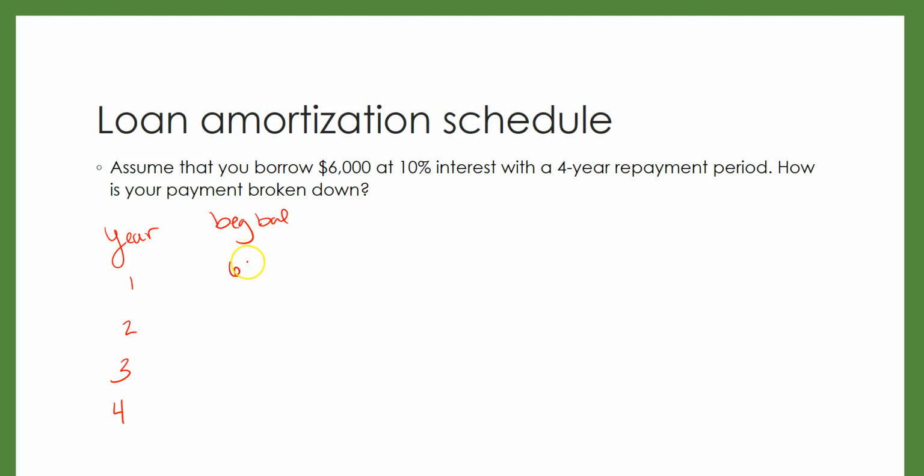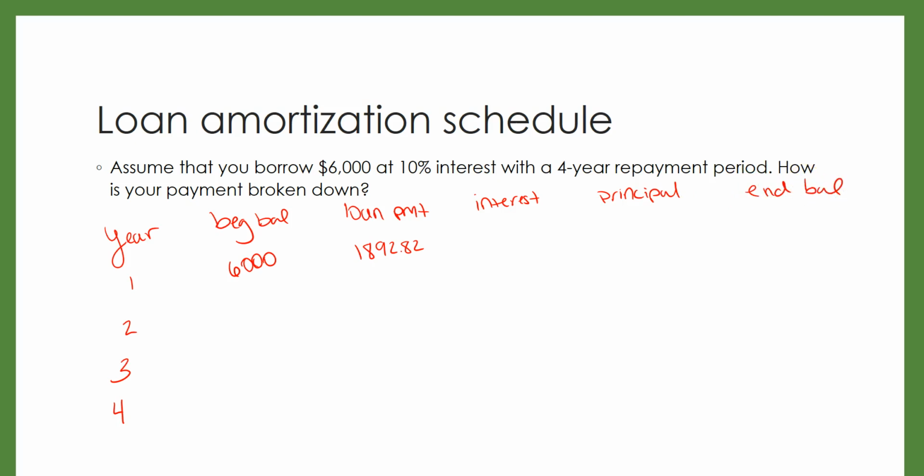And for year 1, at the beginning of the year, we owed $6,000. We made a loan payment of $1,892.82. We need to determine how much of that payment goes towards interest, how much of that payment goes towards principal, and what is our resulting ending balance.